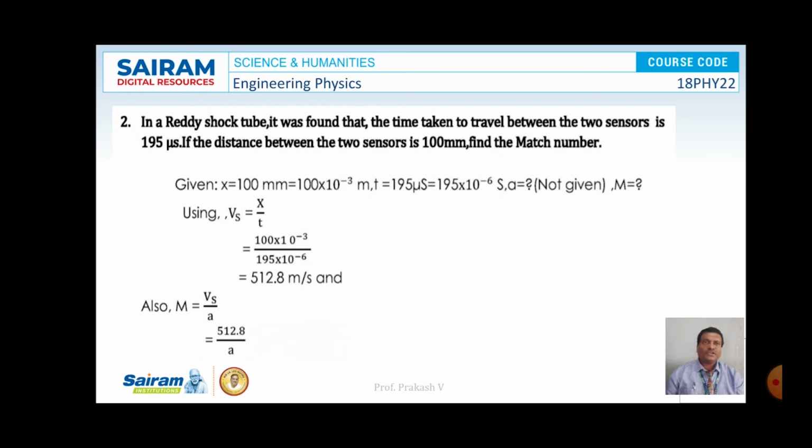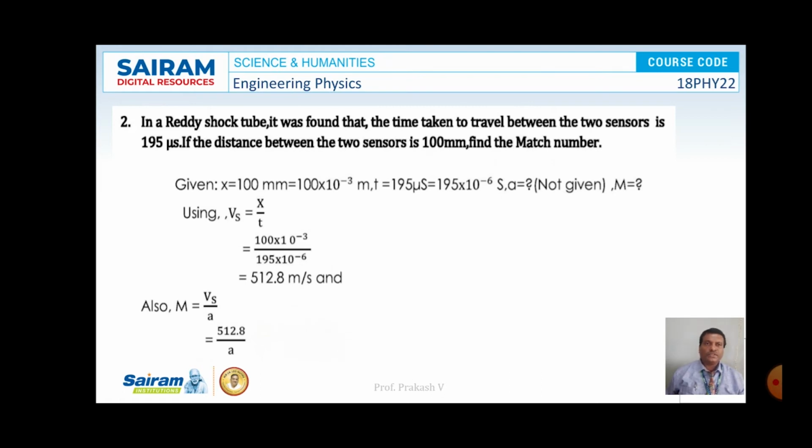Therefore, the velocity of shock wave is calculated as x by t, where x is 100 and t is 195 microseconds. On simplification, velocity of shock wave is 512.8 meter per second. Further, Mach number m is equal to velocity of shock wave divided by velocity of sound in the same medium.